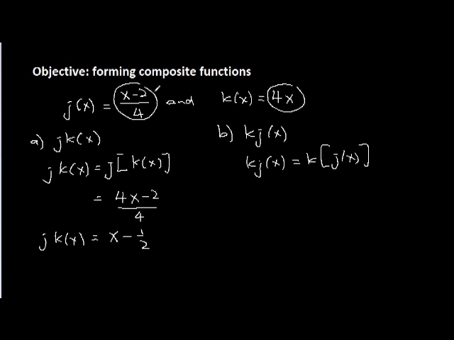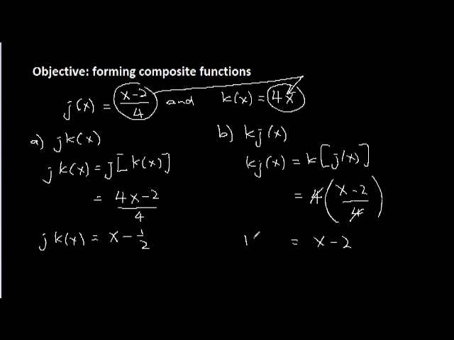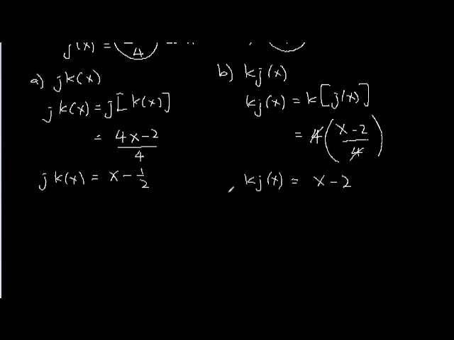So we need to squeeze the whole expression into the x. So this is equal to 4 times (x minus 2) over 4. As a result, this is equal to x minus 2. So k(j(x)) is equal to x minus 2. And from here we can see that j(k(x)) is different from k(j(x)).